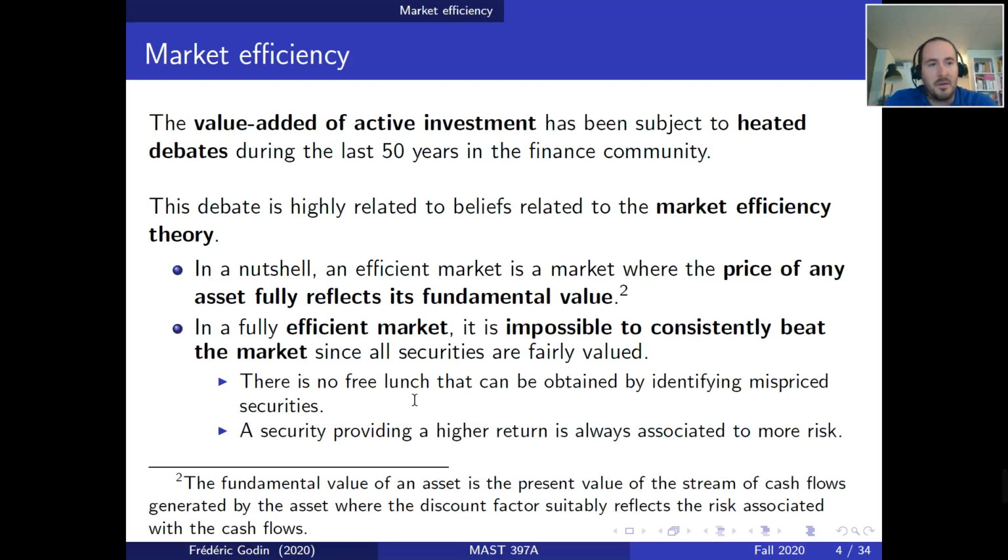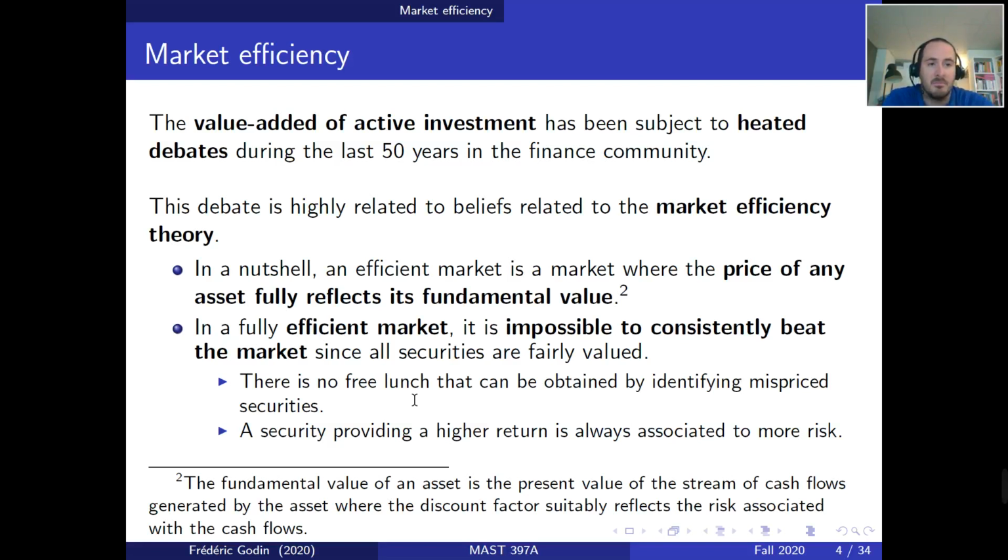The value added of active investment has been subject to very heated debates during the last 50 years in the finance community.